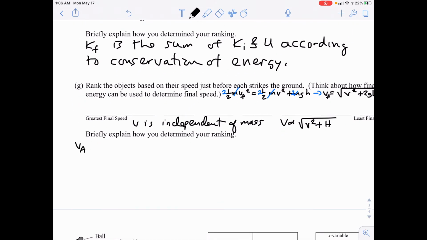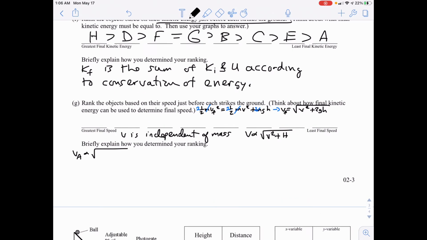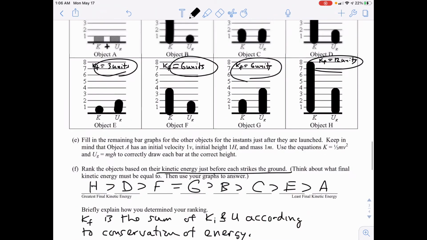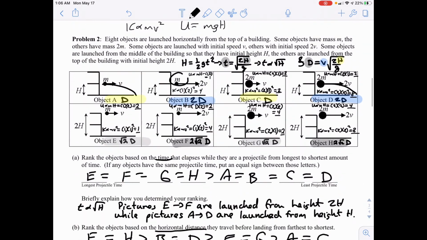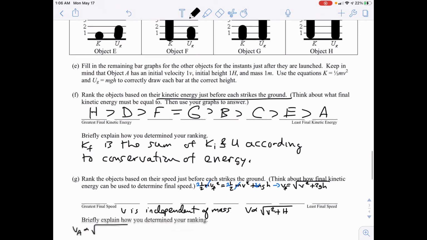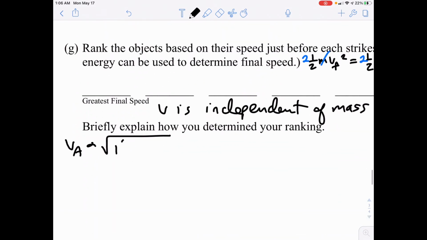V sub A is proportional to, okay, now I'm looking at my v squared. So object A, 1 and 1. So it has 1 velocity unit plus 1 height unit, right? We get about the square root of 2.